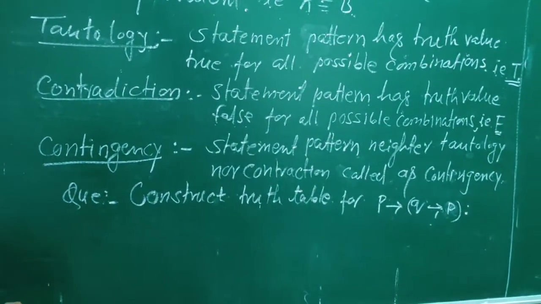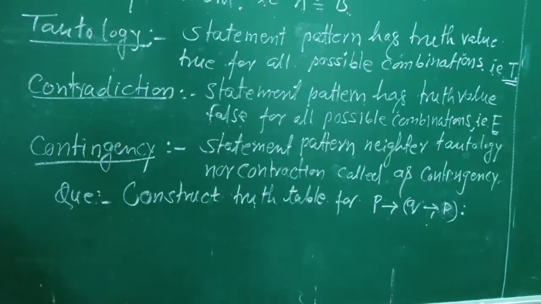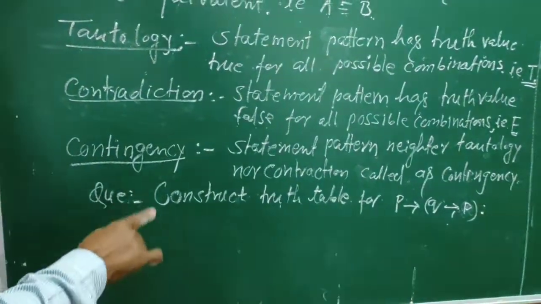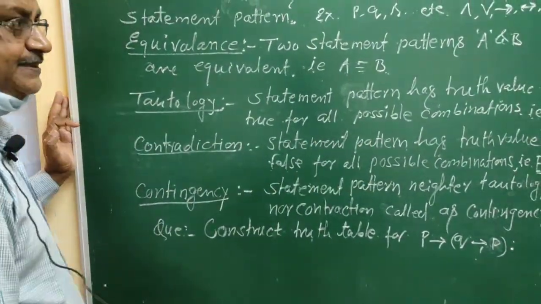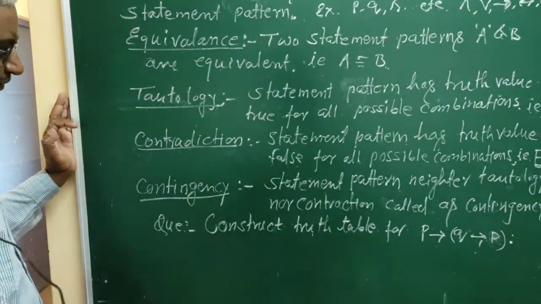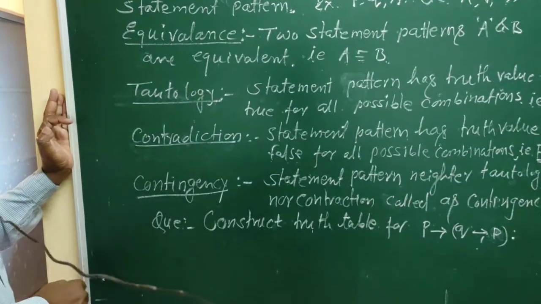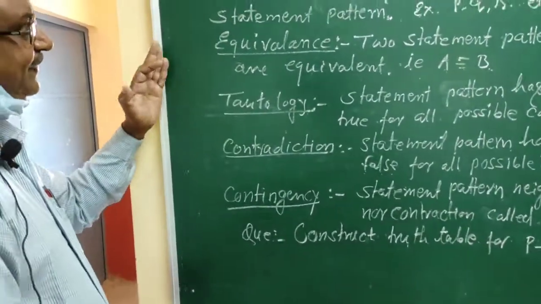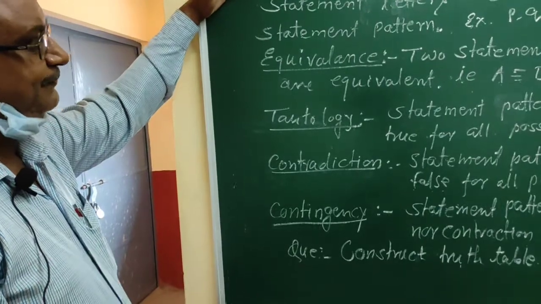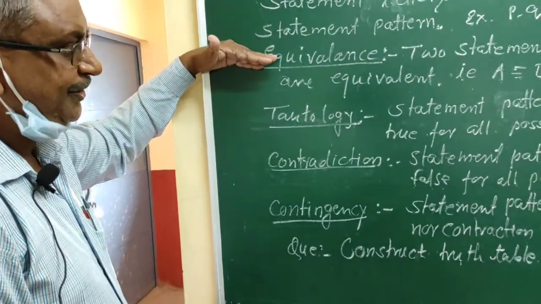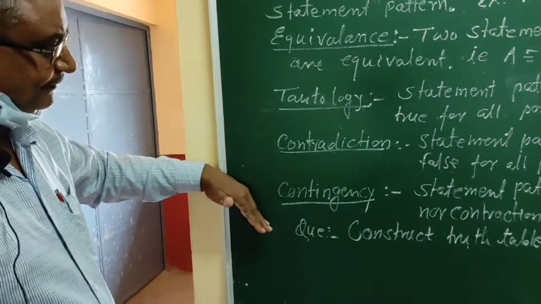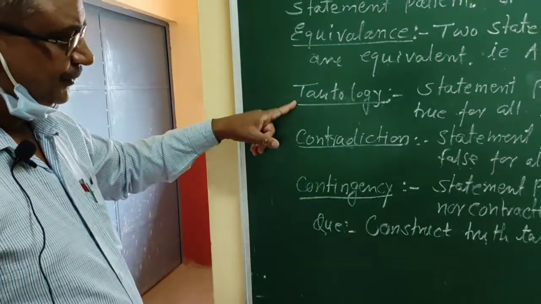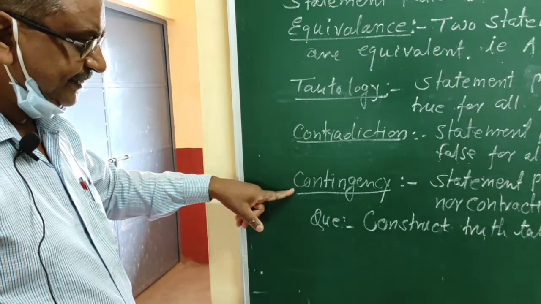So in the contingency, in the last column of this statement pattern, truth values T as well as F exist, and such a type of statement pattern is called the contingency. In this way, for given statement patterns, we have seen the equivalence relation between them, and further it is divided into three types, that is tautology, contradiction and the contingency.